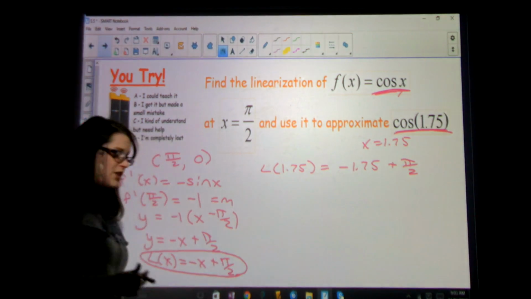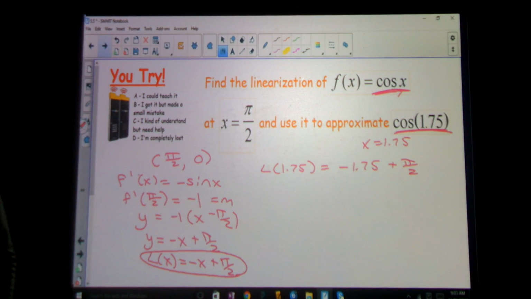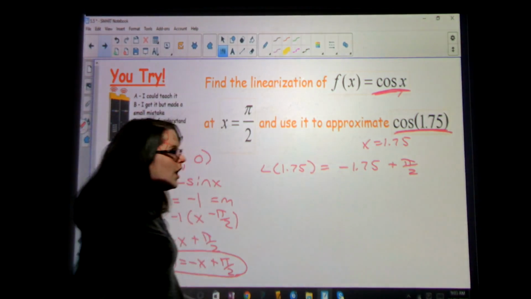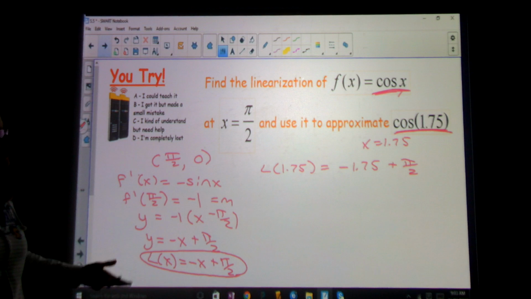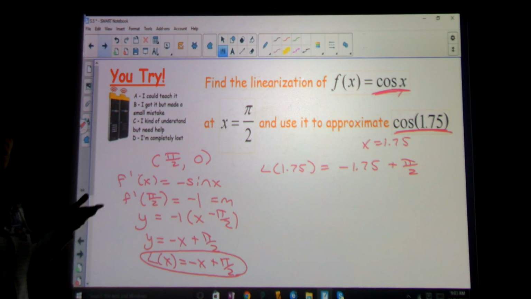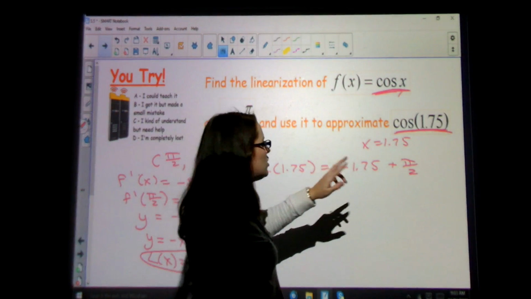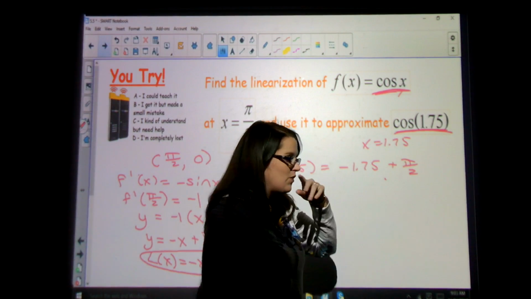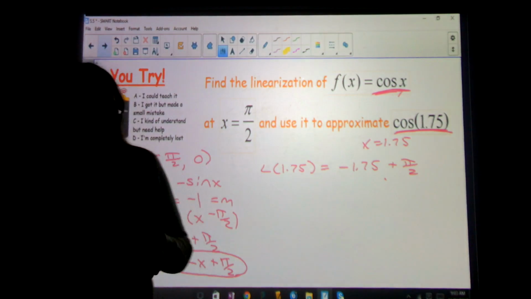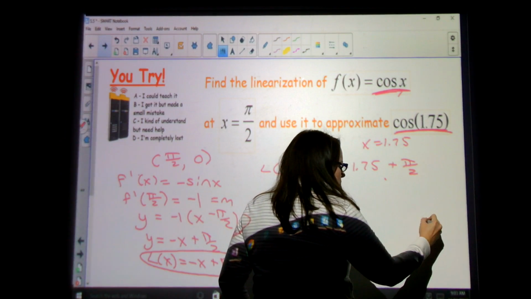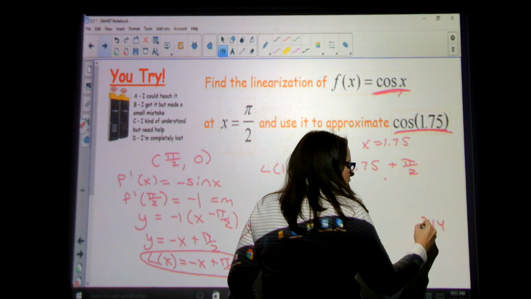The whole point is to get this without a calculator, because I could easily type in cosine of 1.75 on my calculator and know what it is. This is how math was done pre-graphing calculators. So we should know the decimal approximation for this. I know some of you may not know it right now. If you don't, you can easily find it. 3.14 divided by 2.